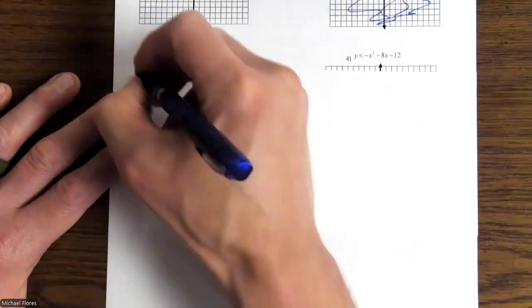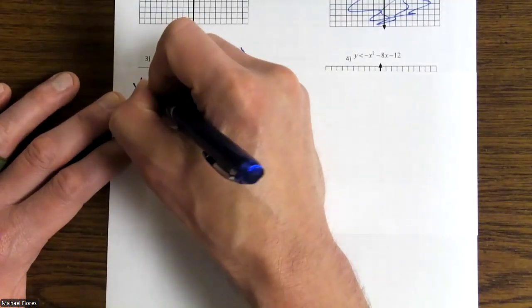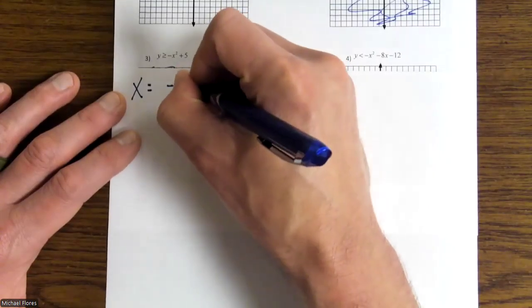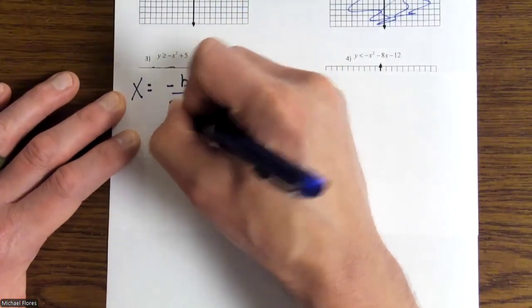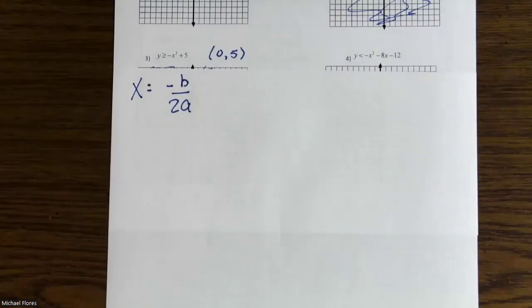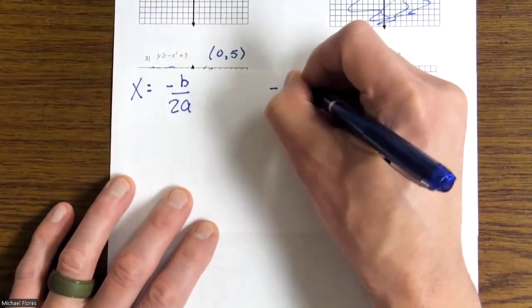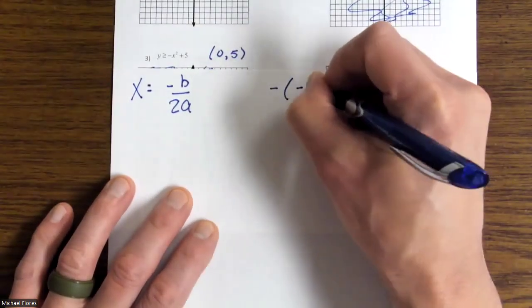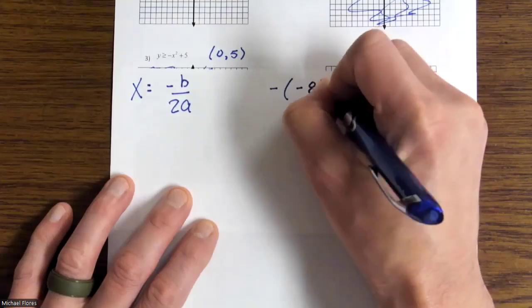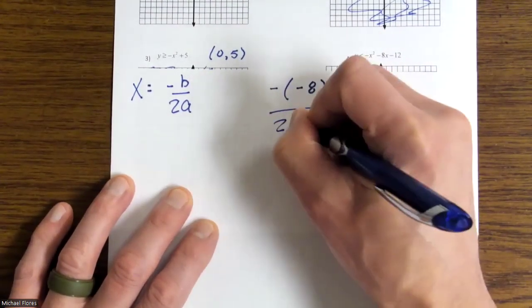So we're going to have to use this formula to get us started. X equals -b over 2 times a. That's going to help us with our axis of symmetry, which will ultimately help us find our vertex. So -b over 2 times a.